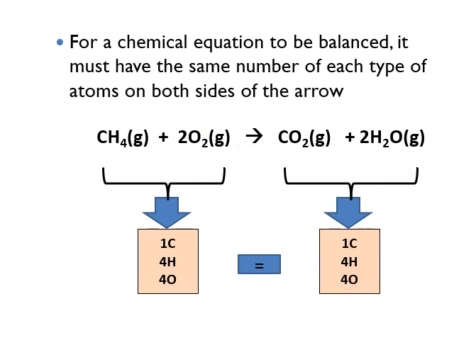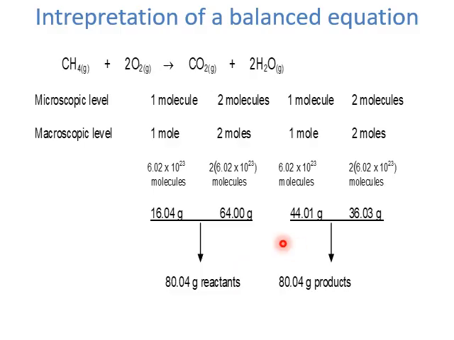Then you are alright. So for the interpretation of a balanced equation, for example the equation just now, at the microscopic level, you can see this is 1 mole, this is 2 mole, 1 mole, and produces 2 mole. But at the macroscopic level, we look at more than moles. We look at molecules as well. For example, this one consists of 6.02 times 10 power of 23 molecules.